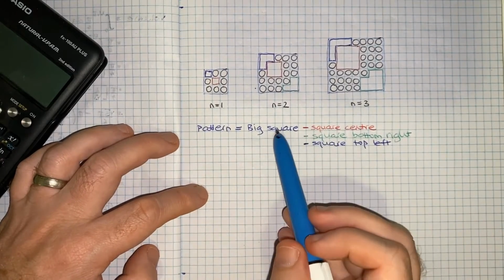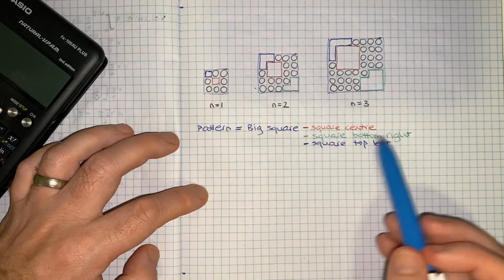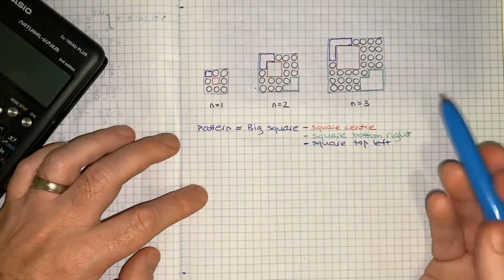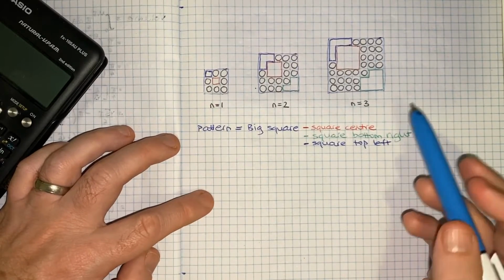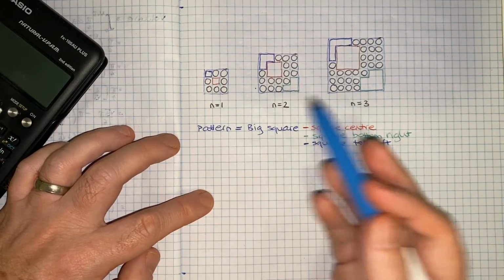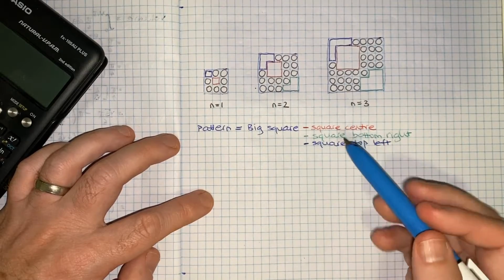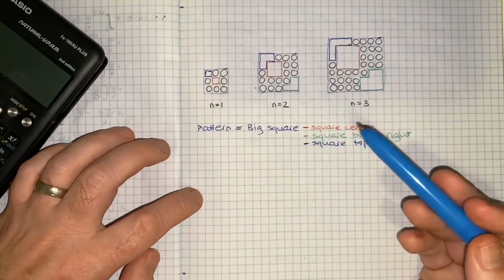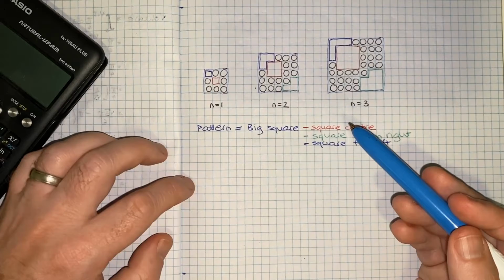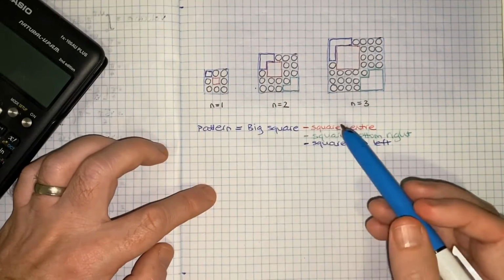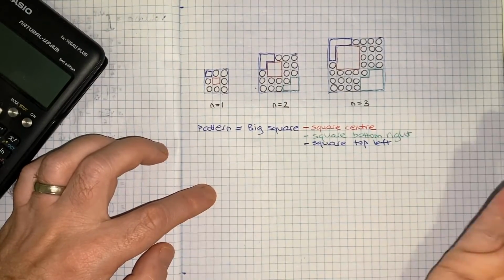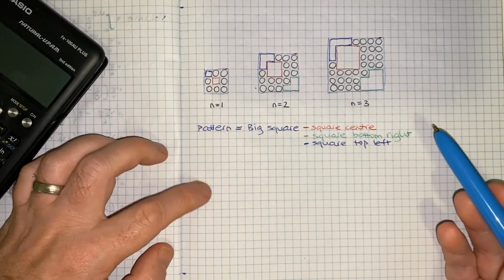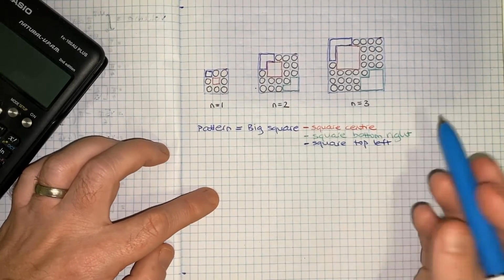And I think if I can get all of these elements in terms of n and then simplify, we should end up with a formula for the pattern, which then will let us answer the various questions. Like, I think in particular there was a question as to what would be the number of circles at n is equal to 10. I think a lot of the questions were centered around that. So let's go and have a look.